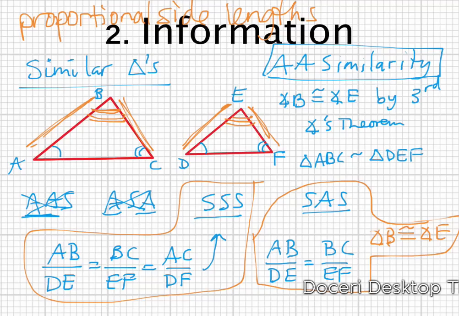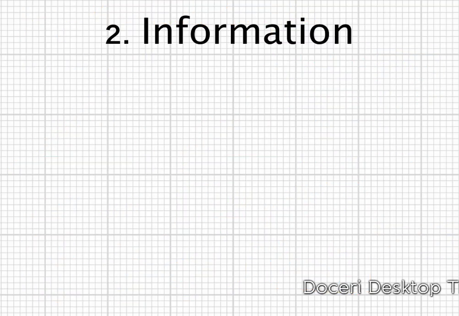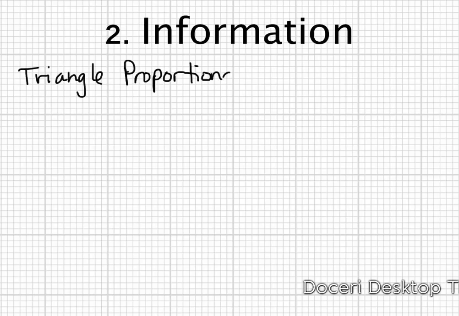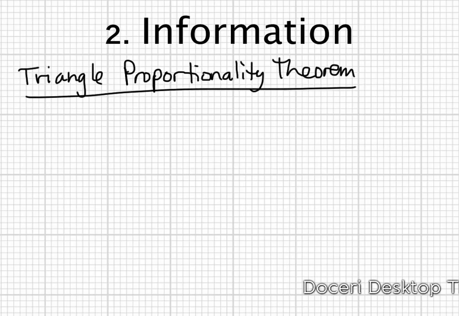Okay, so the last three things I want to talk about are what happens to triangles when I introduce other line segments. And so these are our proportionality theorems for triangles. So the first, the triangle proportionality theorem: we first start off with any kind of triangle.